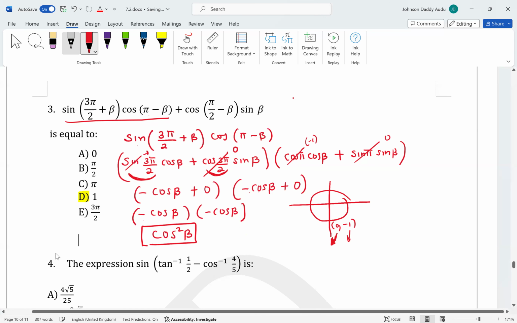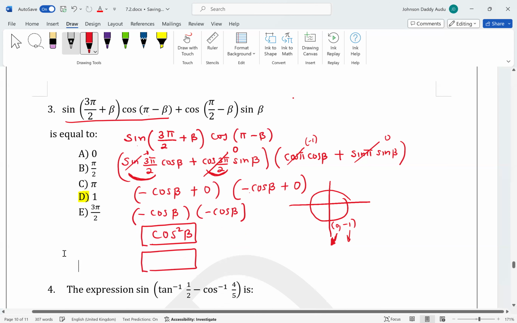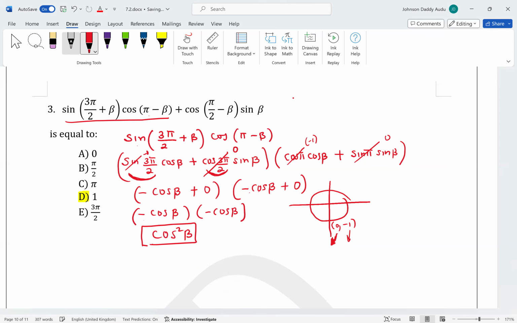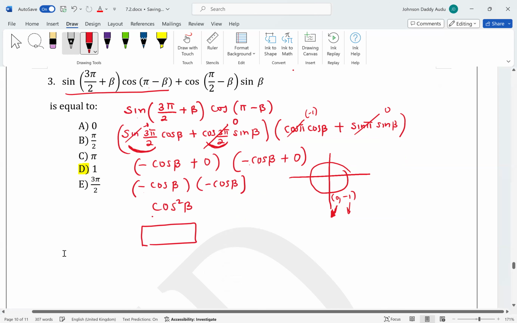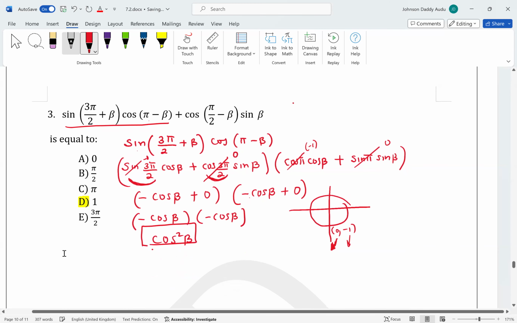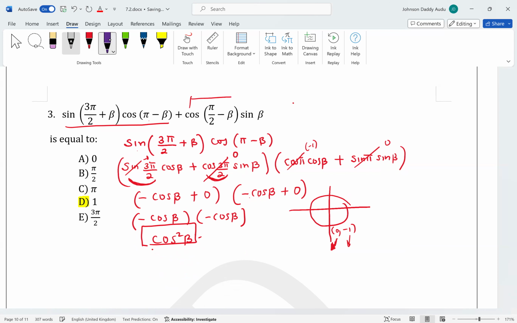So let's get more space here. Now let's deal with the second term. When I say the second term, I mean this one, so let me write it here: cosine of pi over 2 minus beta, times sine beta.